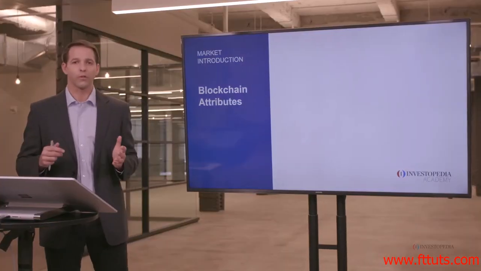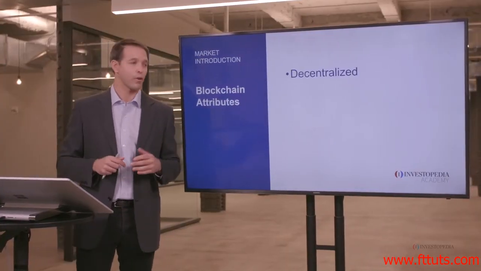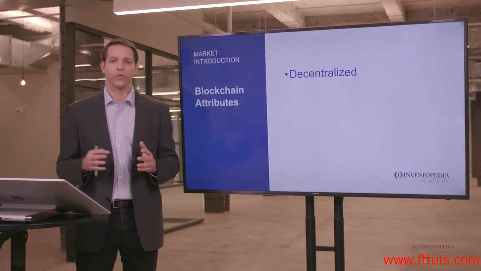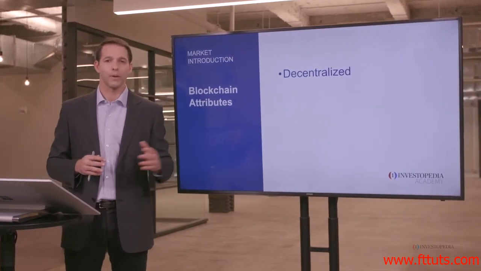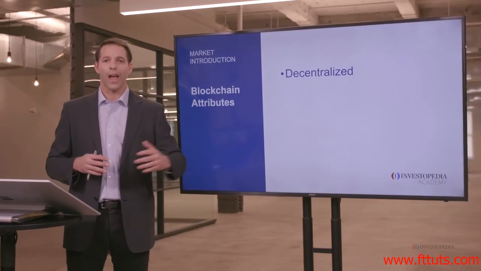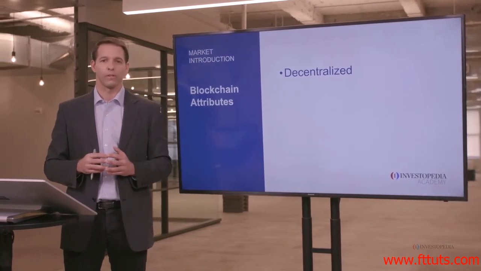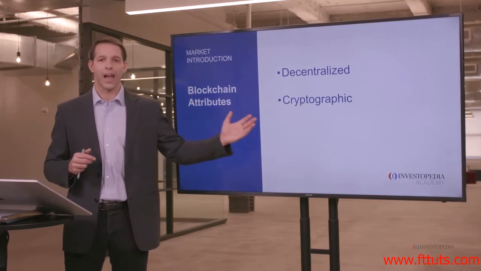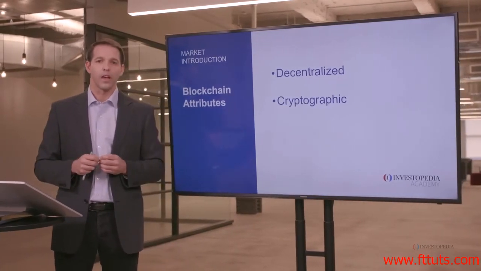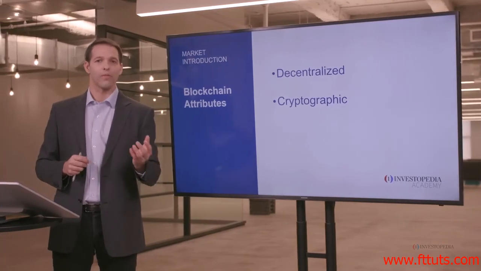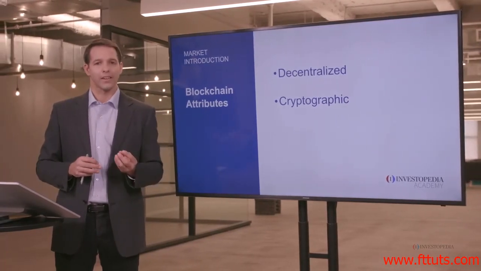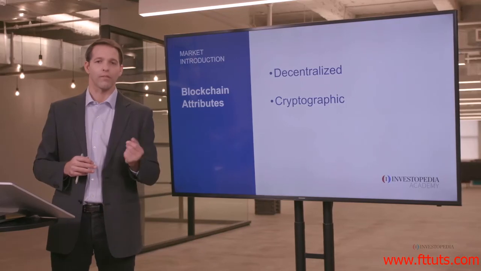So let's give you a few attributes of the blockchain. First, like I said, they're a decentralized system. In this case, you can have information not just to those 10 people sitting in your audience, but to any computer running the network in the world. Next, information is added in a cryptographic fashion. And what that means is you can see that there is something there, that there's some value there, but you can't access it without a special or a private key.